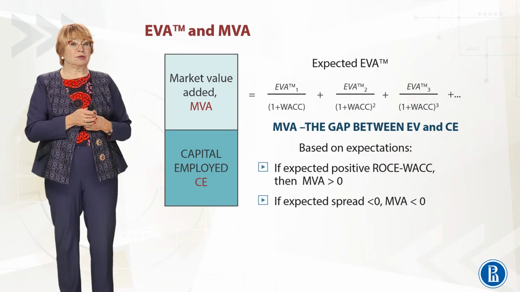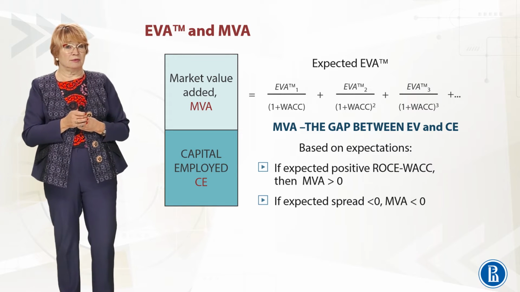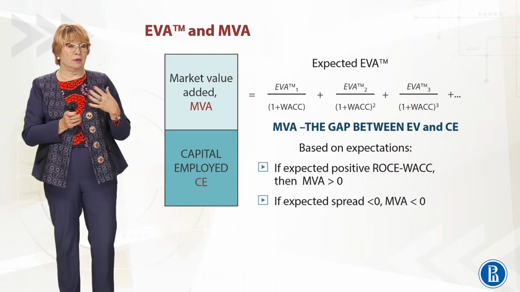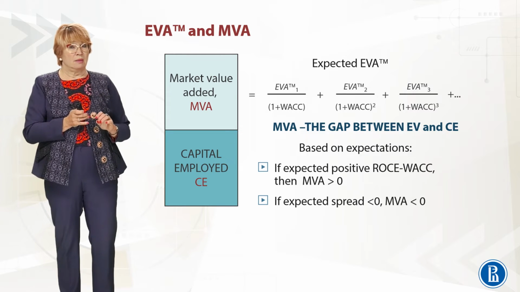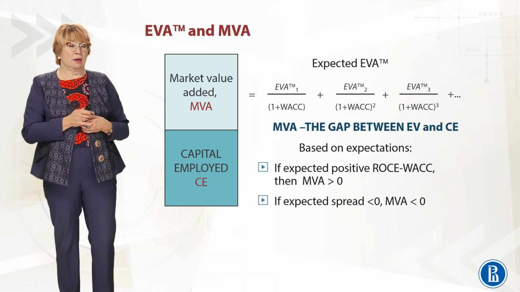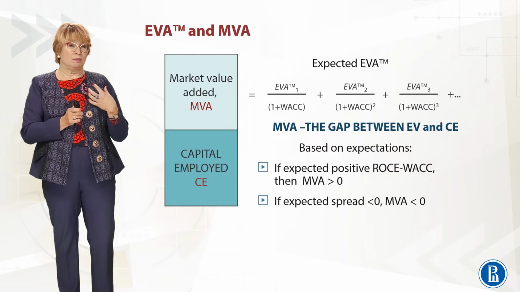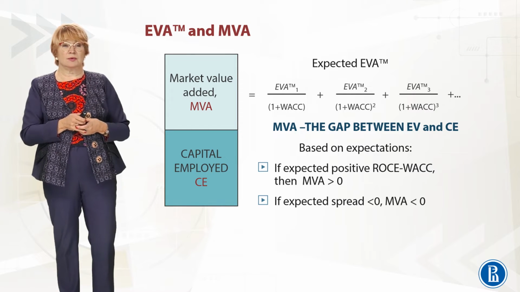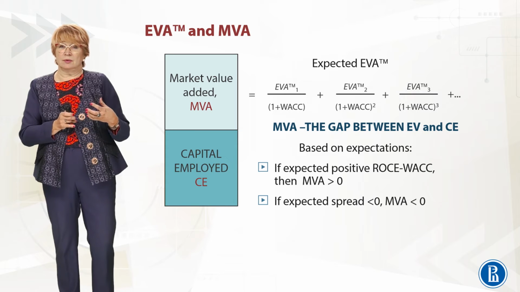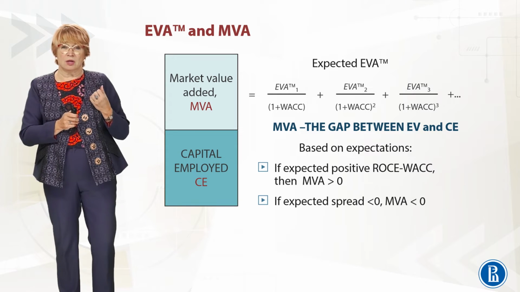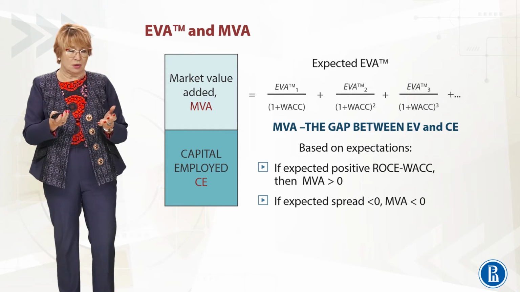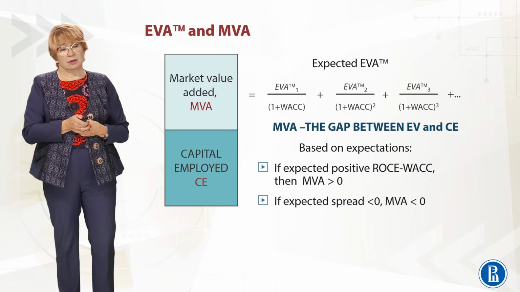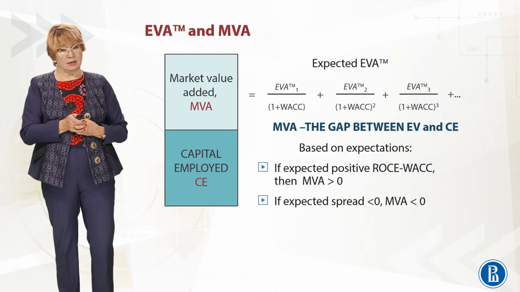If the economic spread is expected to become negative, at least in some years, then MVA would be much lower. If negative economic spreads will appear just occasionally in some years. But if we do expect the overall stream of economic profits to be negative, then of course MVA is negative. But then it follows that enterprise value would be even lower than the capital employed that we can just see here at that particular point in time when starting the business analytics technique.